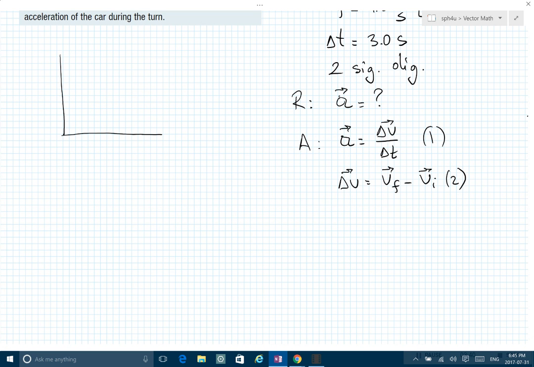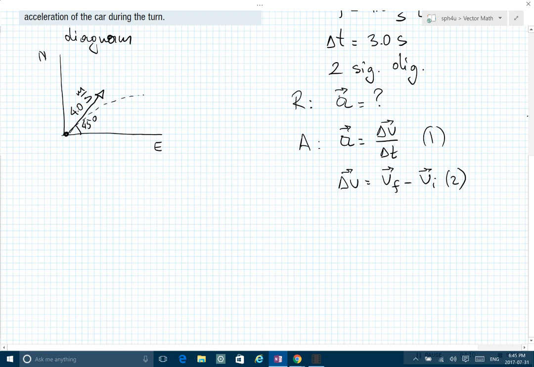So let's just draw a quick diagram here. What does this look like? All right, so this is north, this is east. The car initially is here, and it has a velocity of 4 meters per second, going in that direction, 45 degrees. And then it's turning. My guess is it's turning this way.